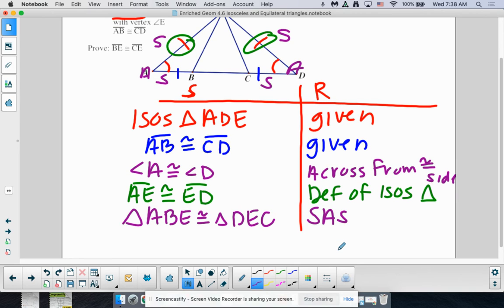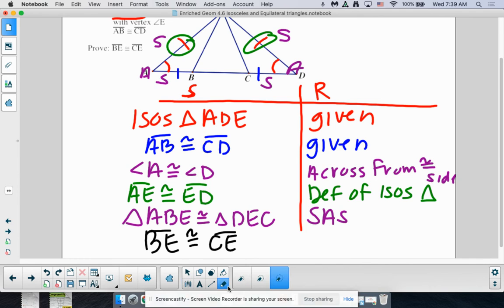So if we look here, folks, our end goal was to show that BE is congruent to CE. Oops, I wrote this in the wrong order. This should be DCE. There we go.